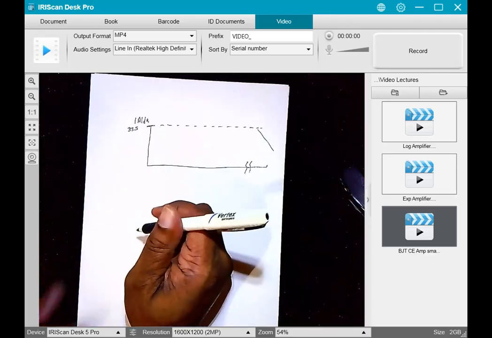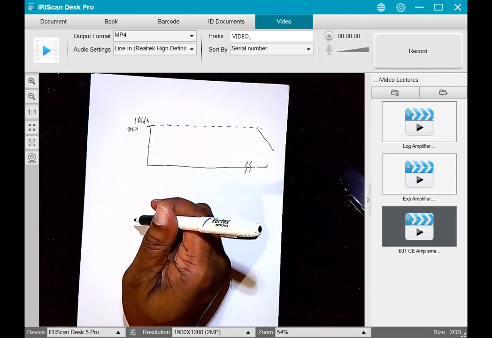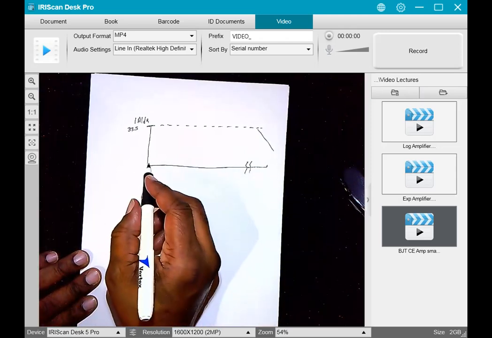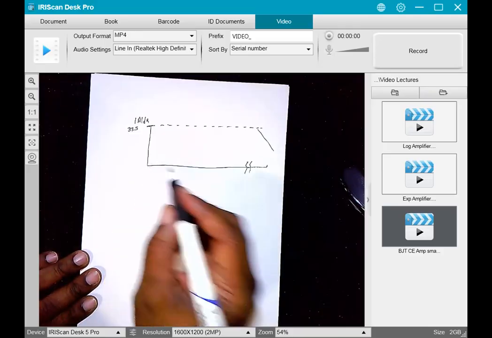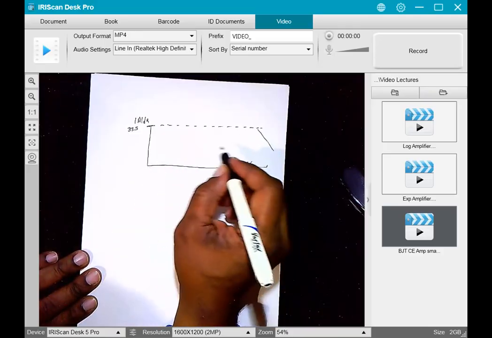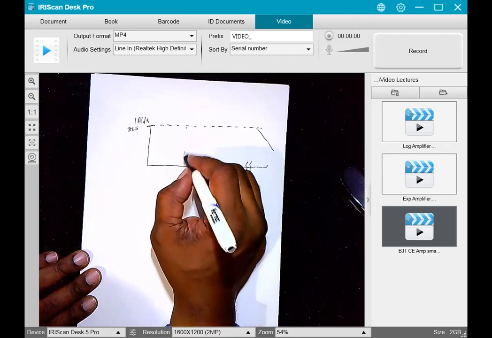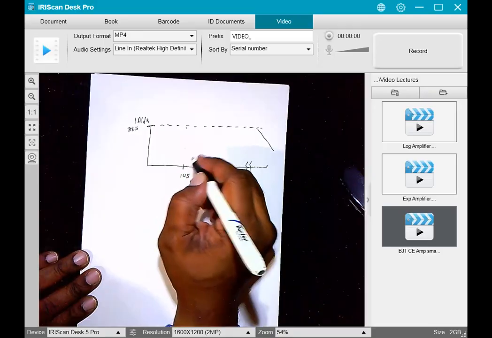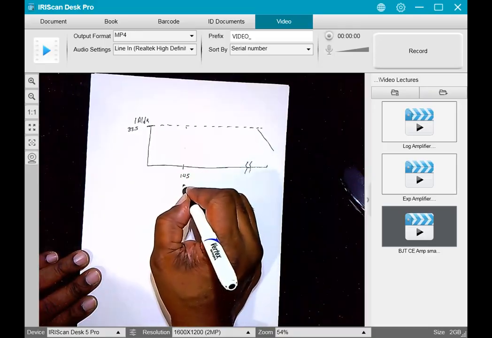But at the low frequency, we have 3 poles. We have one pole at 140, basically 145 hertz. We'll say it's here. And this is your F sub CE.